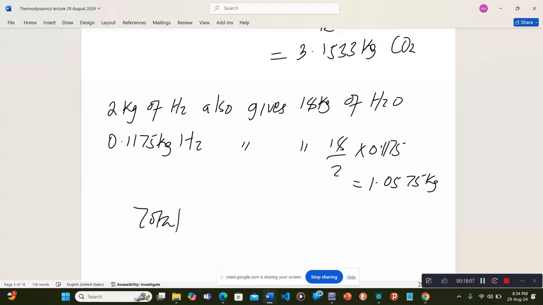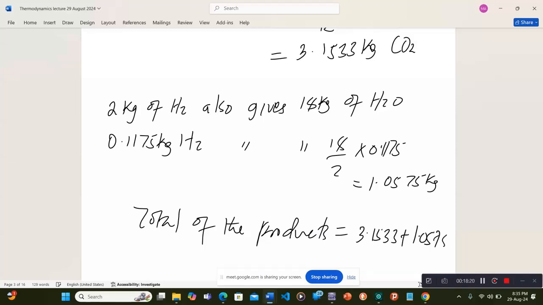So total of the combustion products will equal 3.1533 plus 1.0575.